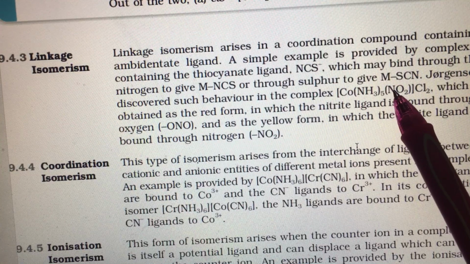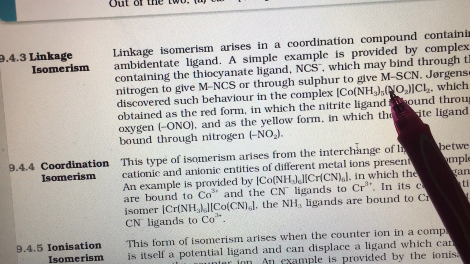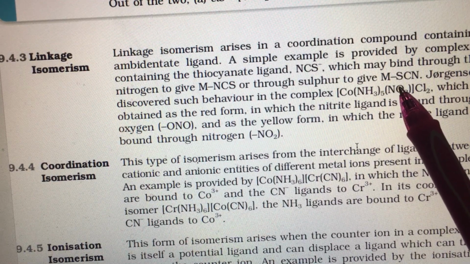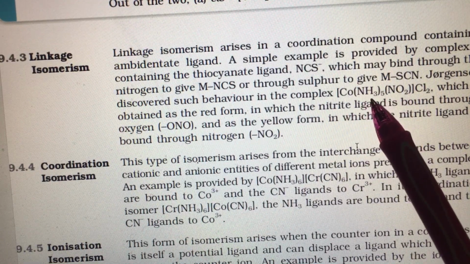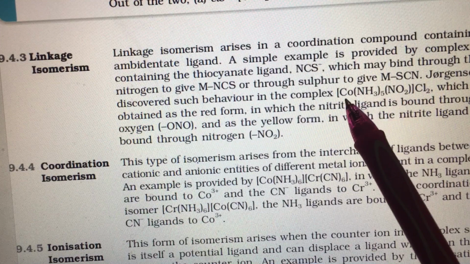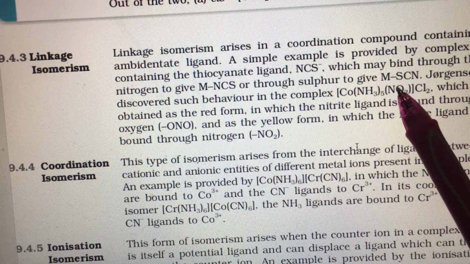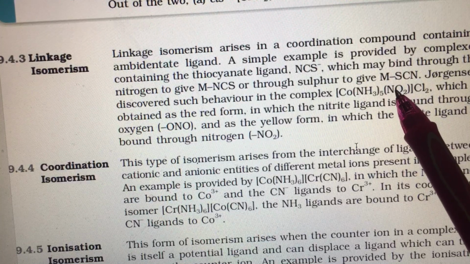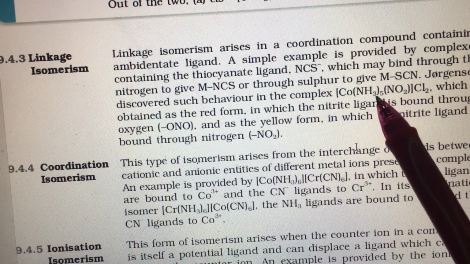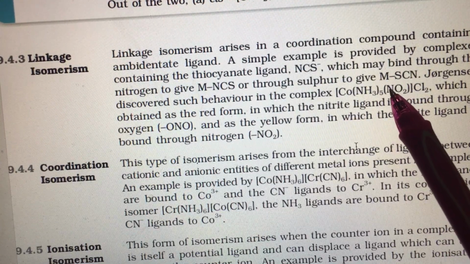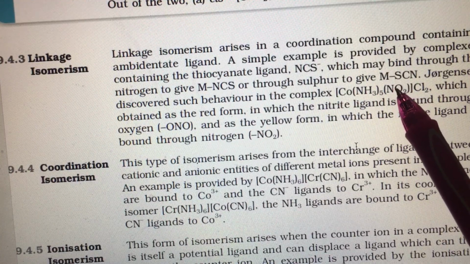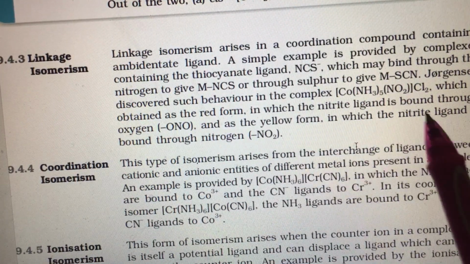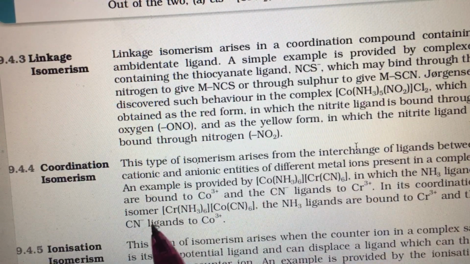When the nitrogen of NO2 is linked, then it is called pentamine nitrato N cobalt 3 chloride, that has the characteristic yellow color of nitrogen containing nitro compounds. Nitro compounds usually have yellow color. If nitric acid falls on your skin or hands, they will get yellow color, right? So, anyway, linkage isomers are such pairs. They have different colors, different properties.